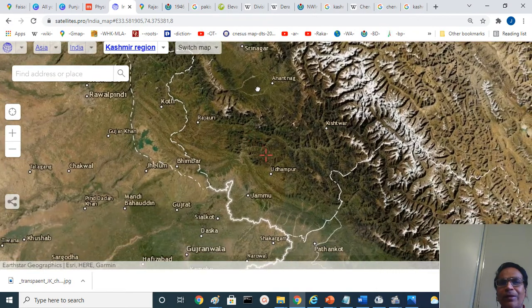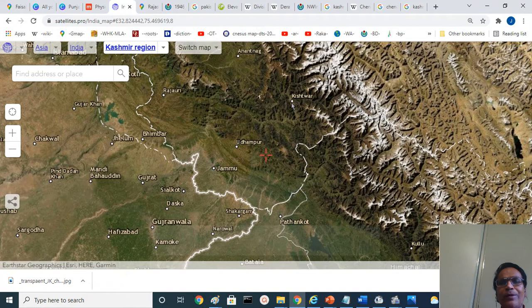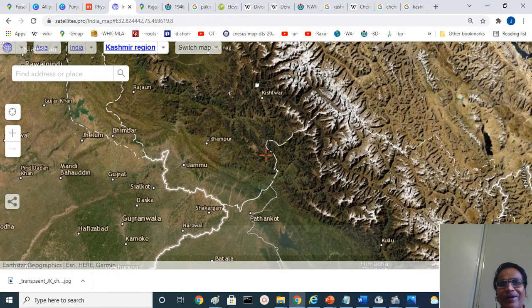This is the Pir Panjal Mountains, and this is Kishtwar, and we are traveling along the upstream of the River Chenab, a river around 1200 kilometers long, one of the two tributaries of River Panjnad.